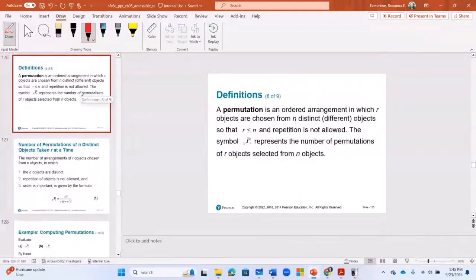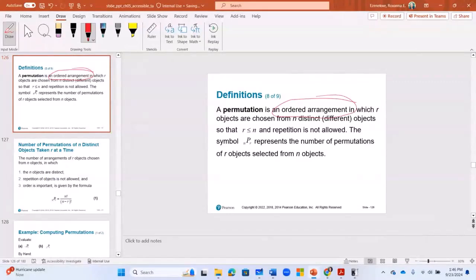According to our book, a permutation is an ordered arrangement. An ordered arrangement. In other words, order is important in permutation.